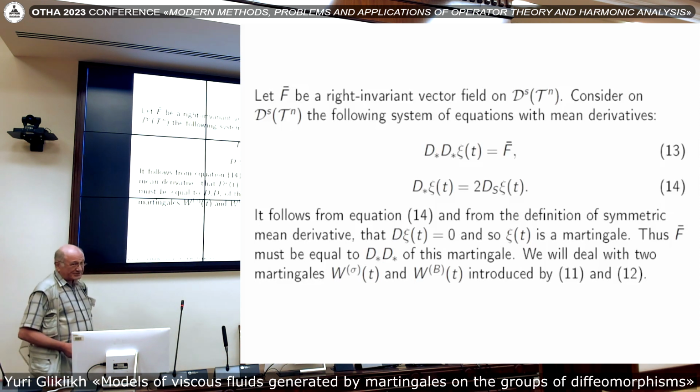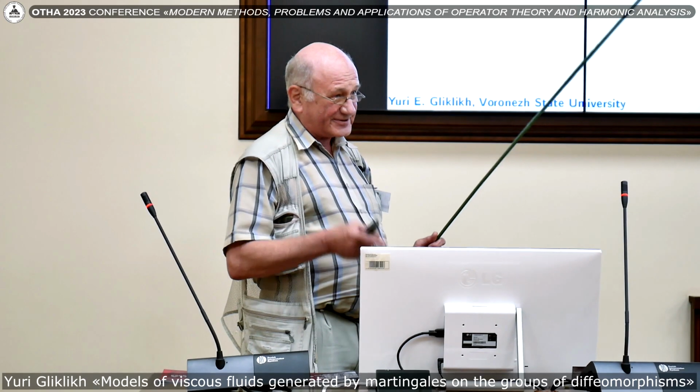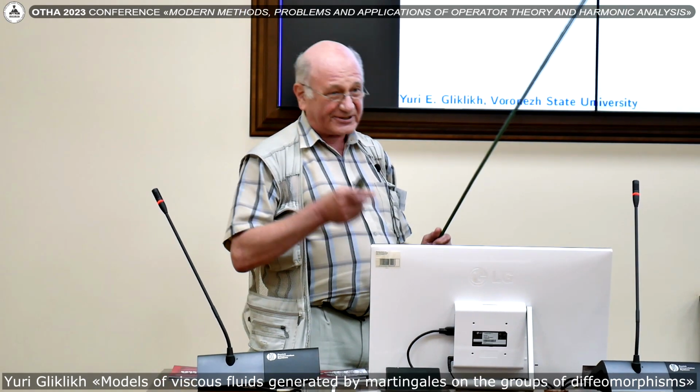And why martingales? Because if you remember the formula for symmetric mean derivatives, it's half the sum of forward and backward. And from this formula, we see that the forward mean derivative equals 0. And if it equals 0, then the process is a martingale.